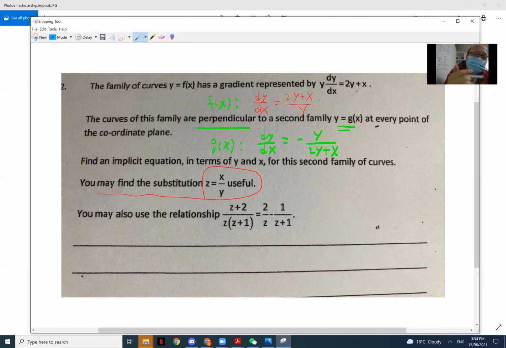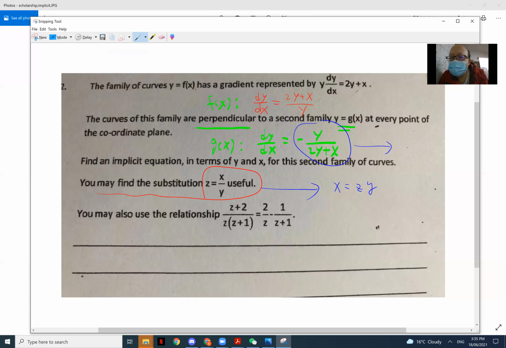Let's have a look. Check how we use it, guys. Why do they say this one is useful? For example, if we check the part on the right side and follow this, you can just say x equals zy, right?